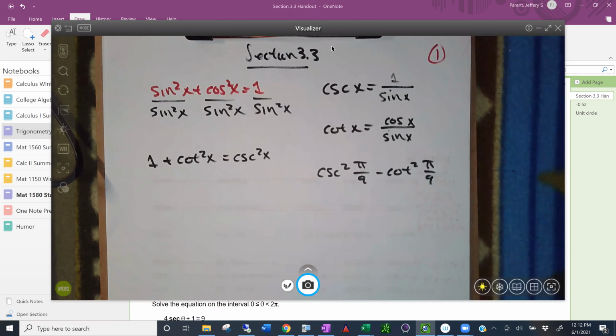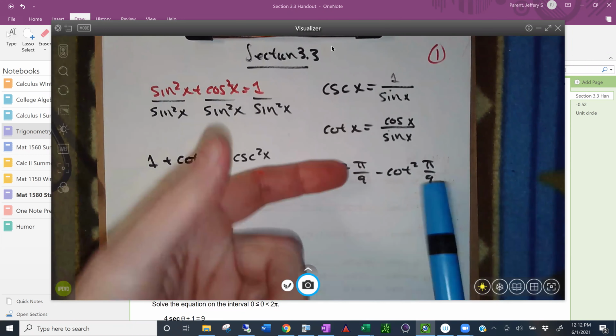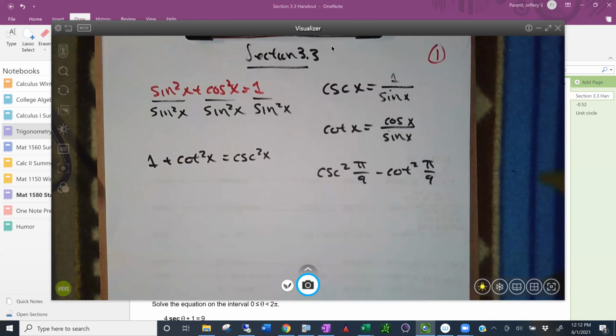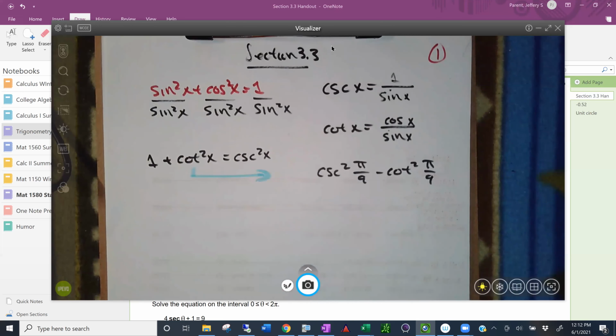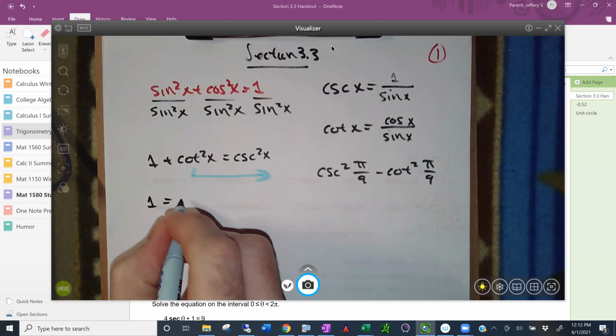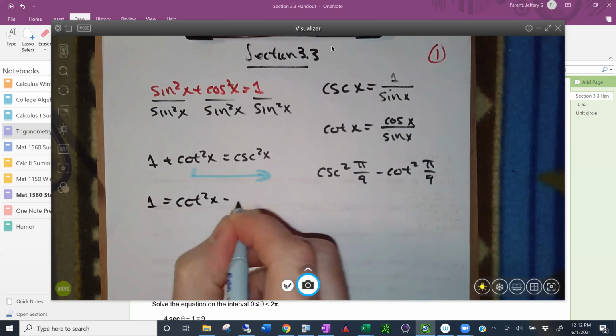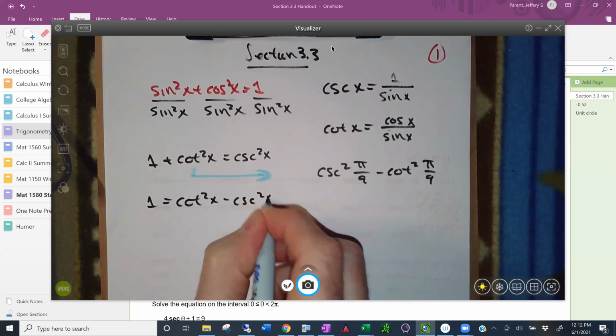Now that's pretty close to what I have here. What's the difference? Well, what I have here is cosecant squared minus cotangent squared. So what's the last thing I can do with this to try and get something like this? Minus your cotangent squared. Yeah. We're going to move that to the other side, so we subtract cotangent squared from both sides, so that I get 1 equals cotangent squared of x minus cosecant squared of x.